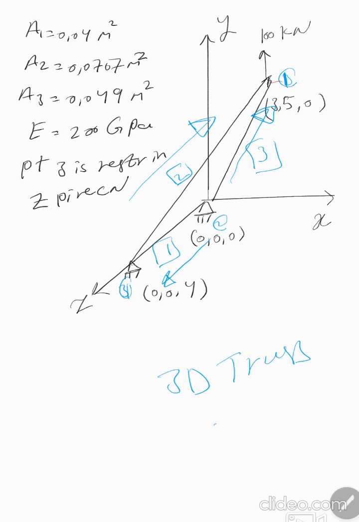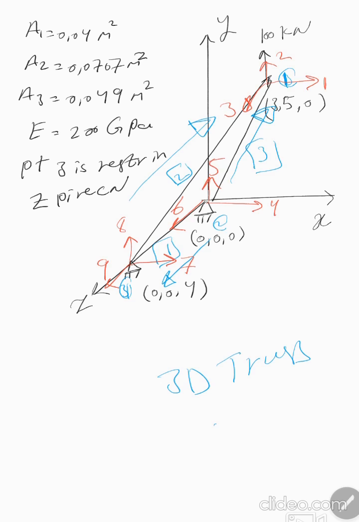So here this is global system number 1, number 2, and this one is global system number 3. Go to node number 2: this is global system number 4, 5, and 6. Node number 3: this is 7, 8, and 9.